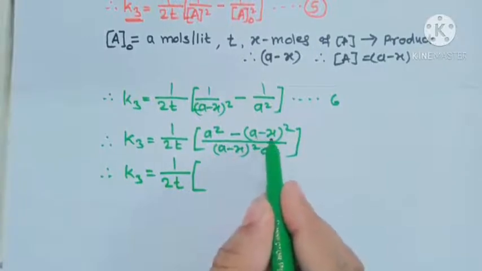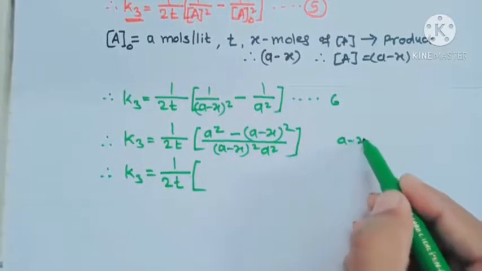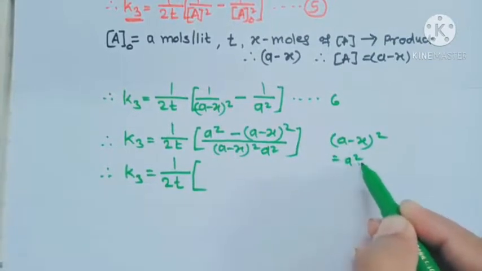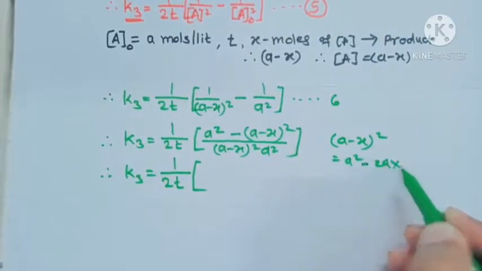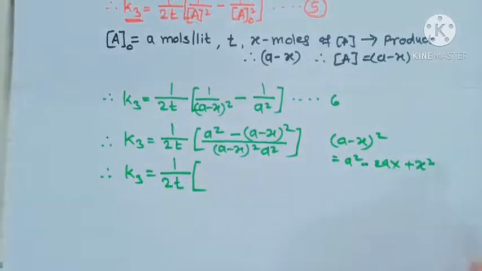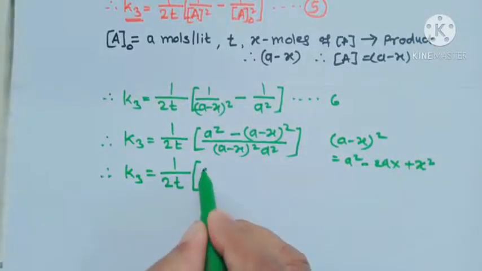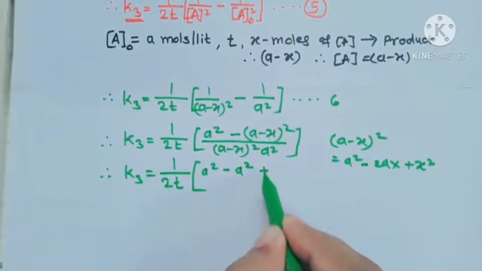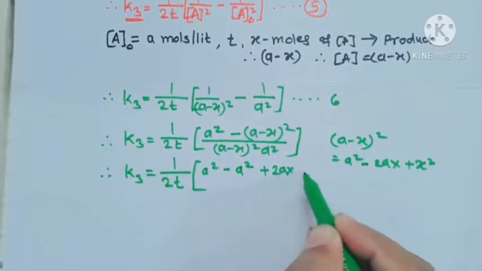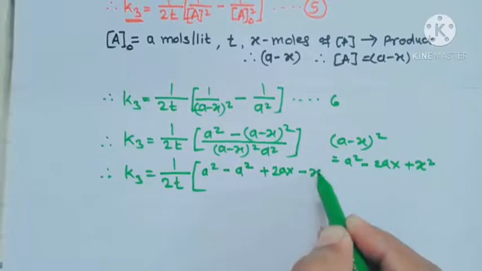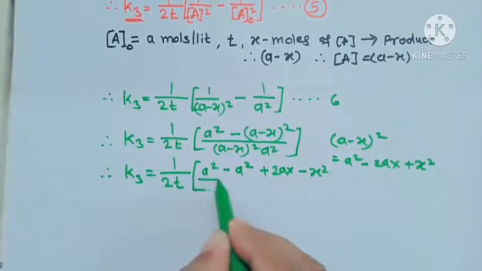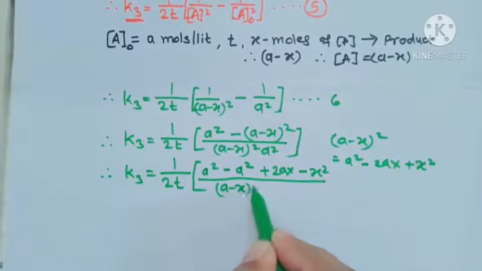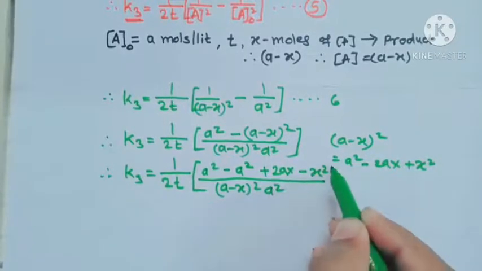So you have to solve this bracket, a minus x square, what is it? a square minus twice ax plus x square. So we get a square minus a square plus twice ax minus x square divided by a minus x square multiplied by a square.